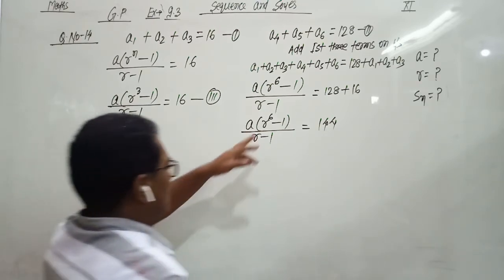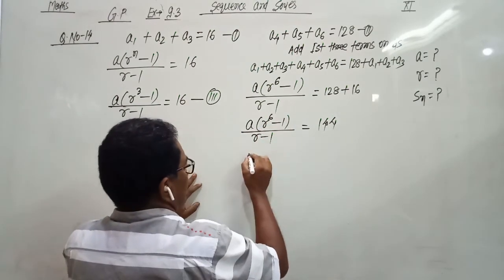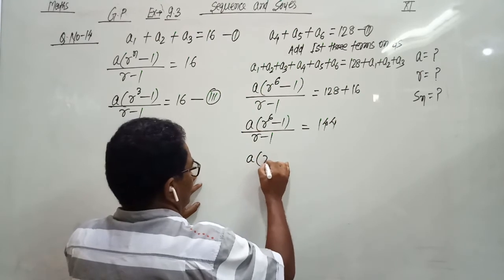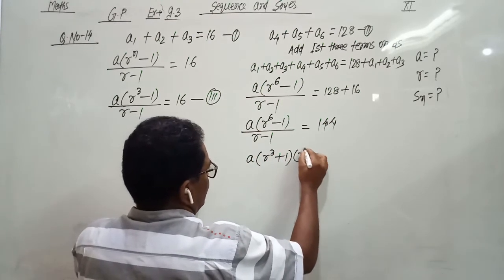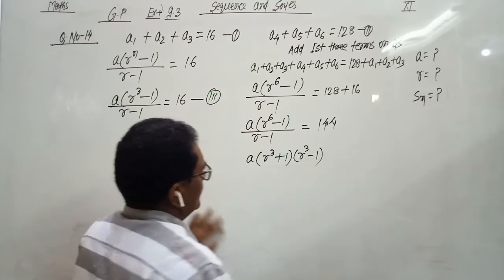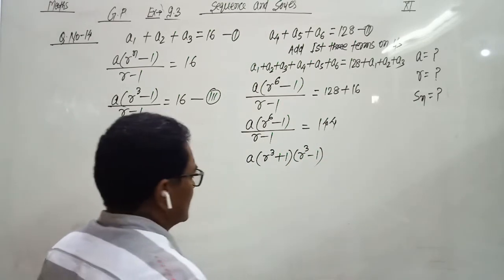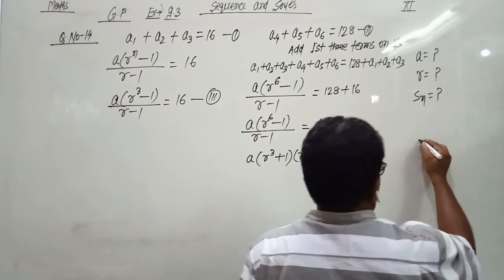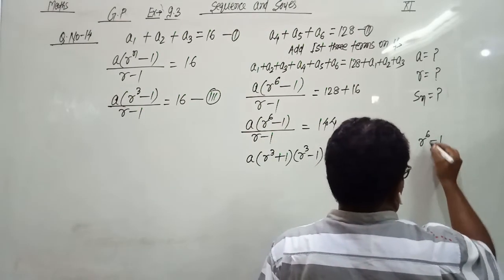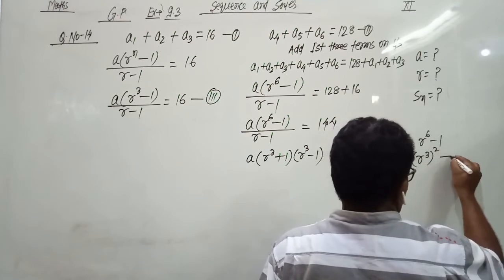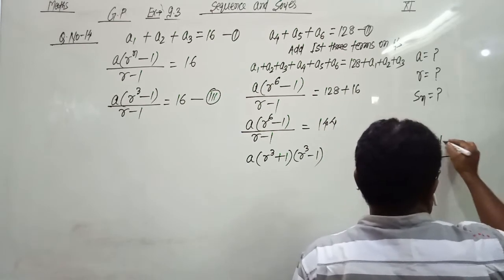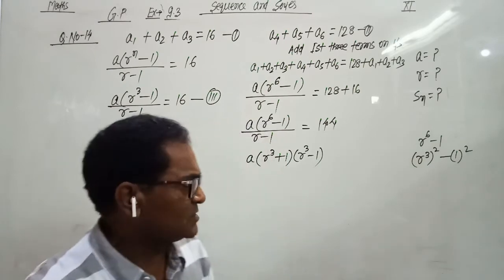Now R raised to the power 6 minus 1 can be written as R cube plus 1 and R cube minus 1, because we use the formula. R raised to the power 6 is written as R cube the whole square, and this 1 is written as 1 the whole square.